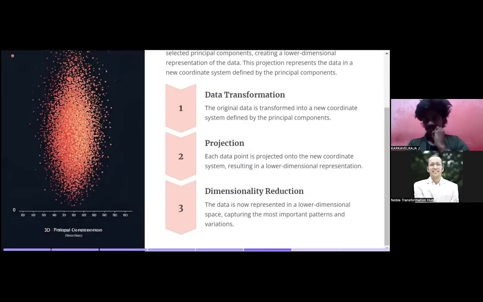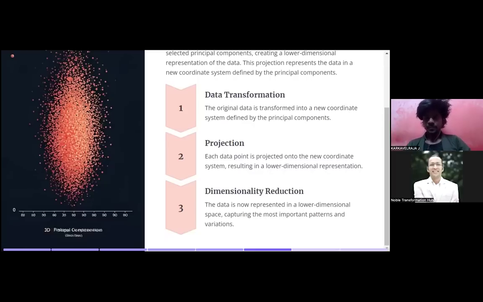But you need to take care that you are capturing the most important features of it, not the noise or the irrelevant ones. So it will represent the data in a lower dimension, capturing the most important patterns and features of the variation, right? So that your model performs well. That is the single objective, guys.